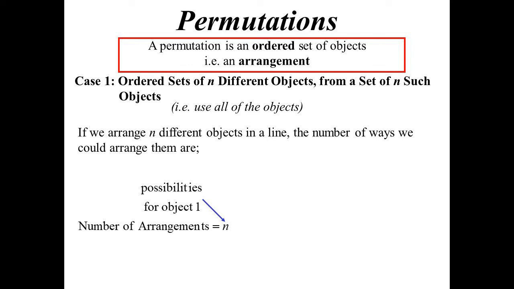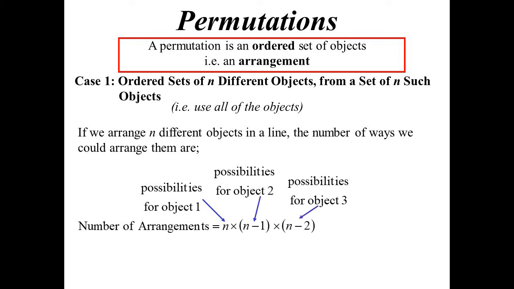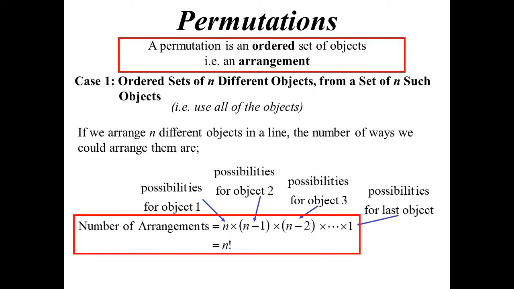Now I've got n minus 1 objects to choose from. Then I'll get the next one, n minus 2, and so on. But because I'm using all of them, eventually I'll get to the point where there's just one object left. We'll say, right, just join the back of the line. Well, what have we got there? That's our n factorial. So it's simply n factorial. If you want to arrange n objects, and the order is important, then there's n factorial ways of doing it.